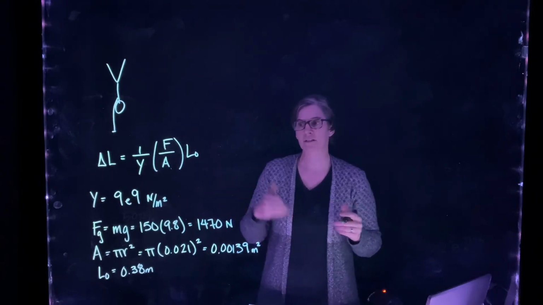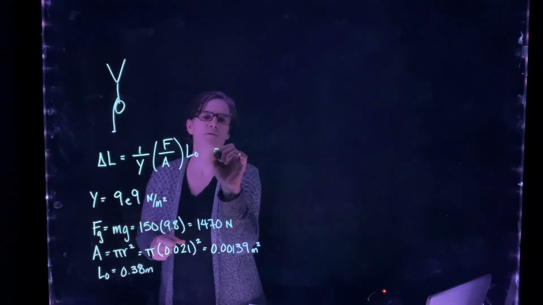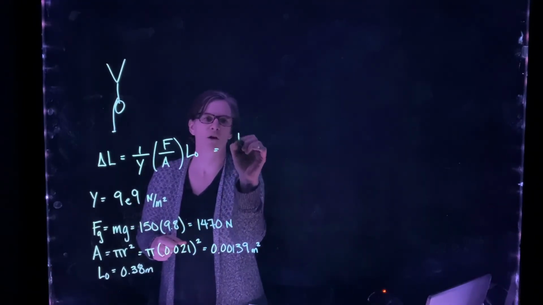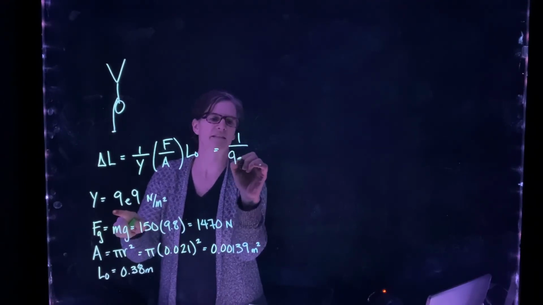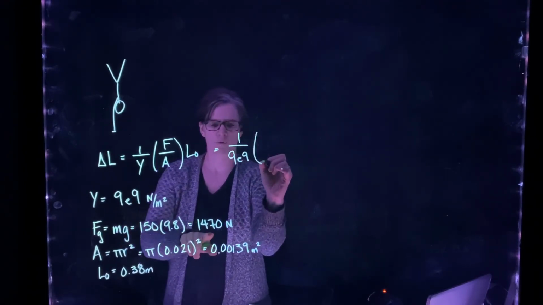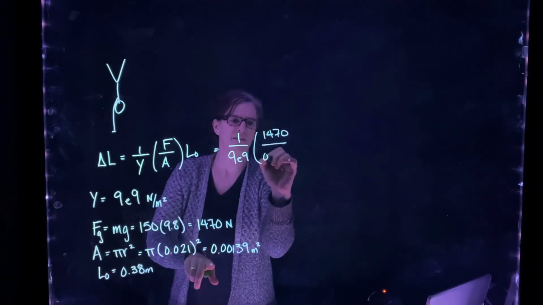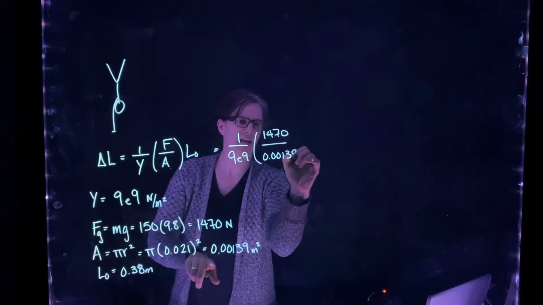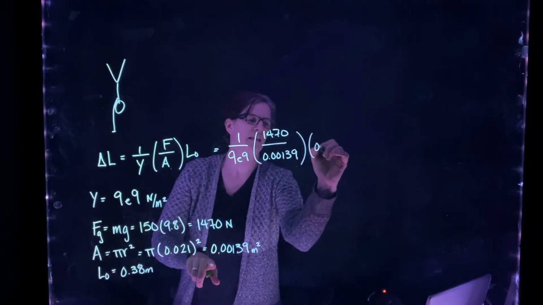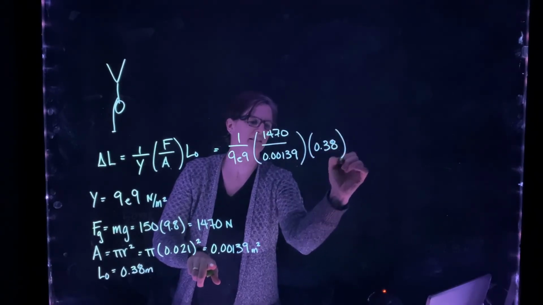All right, so now we just plug in those values for our situation. So we have 1 over 9 times 10 to the 9th. Our force is 1470. Our area is 0.00139. And our original length is 0.38.